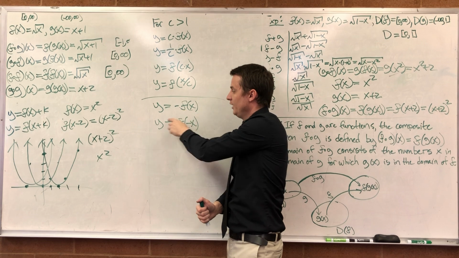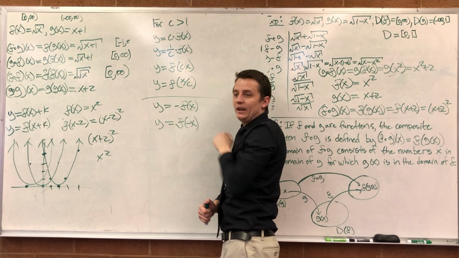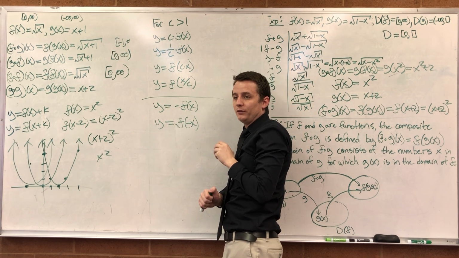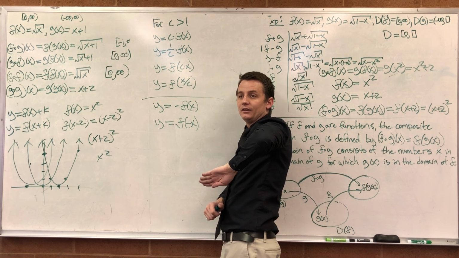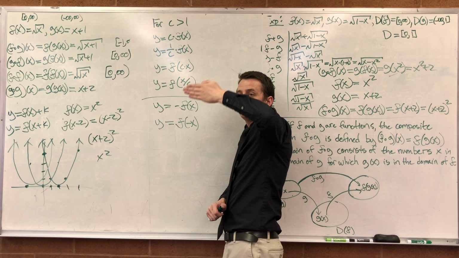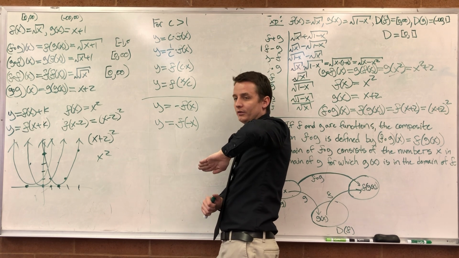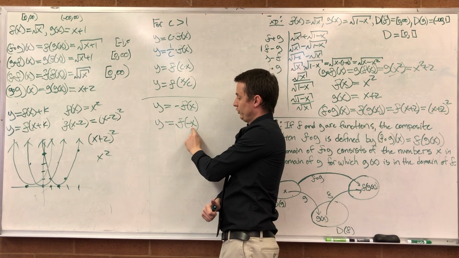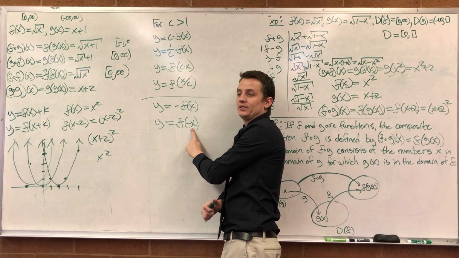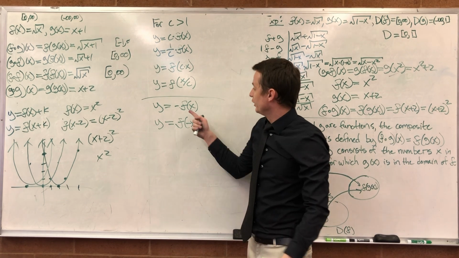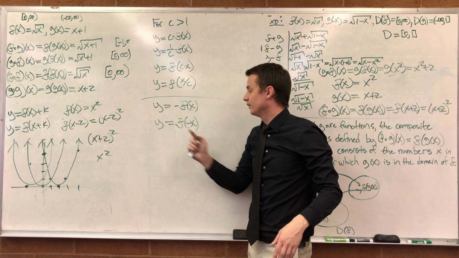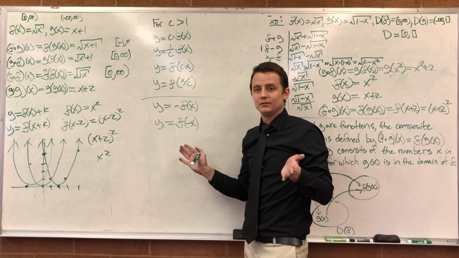What these ones do: if I take f of x and I suddenly make it negative, what does that do? If I make my whole function negative, it flips it across the x-axis, right? So everything that was positive is now negative, everything that was negative is now positive. Similarly, if I switch the inside from x to negative x, what does that do? Mirrors it along the y-axis. So this reflects it across the x-axis, this reflects across the y-axis.